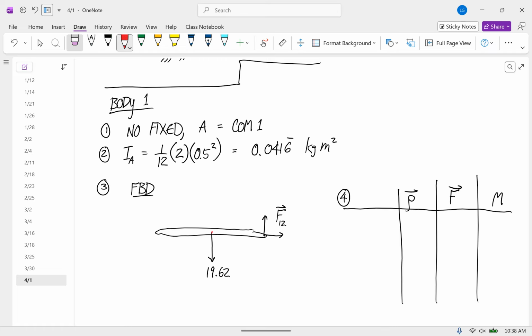Our about point is the center of mass. And so I'll start with the weight. The rho vector is 0, and the force is 0, negative 19.62. Cross product is 0.